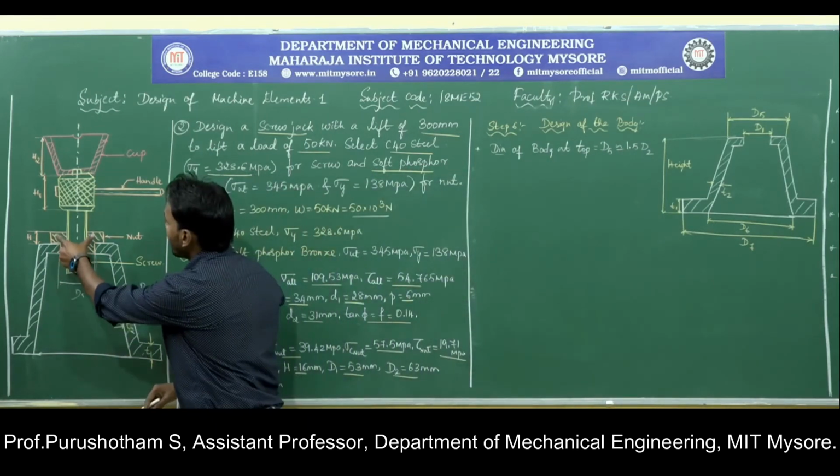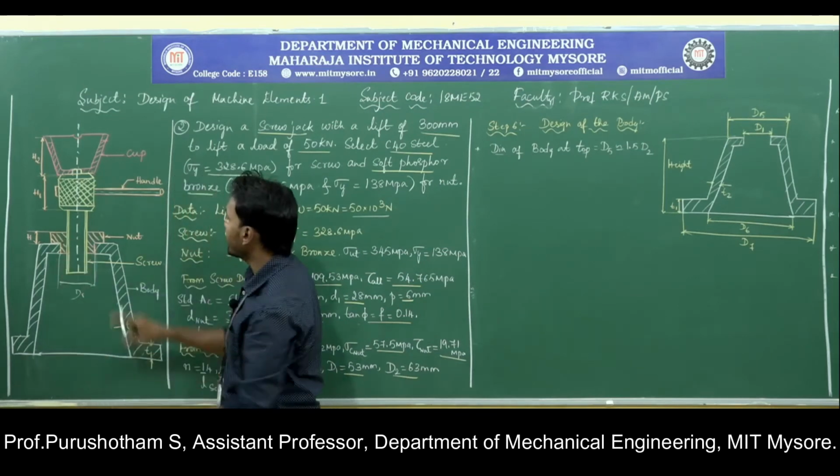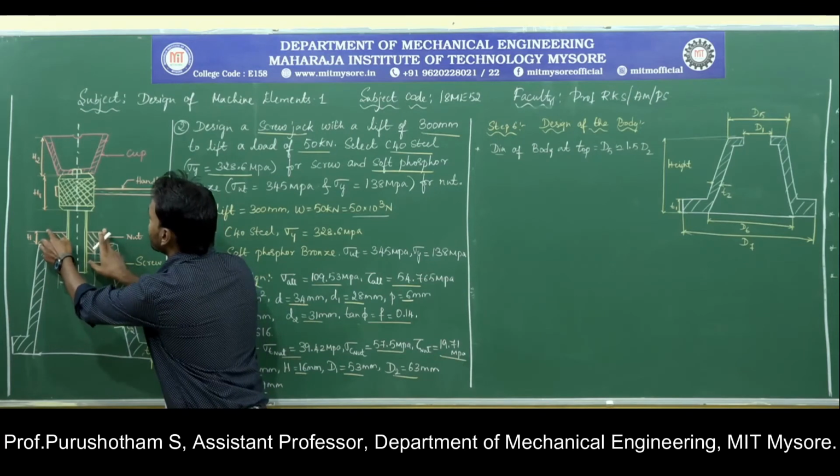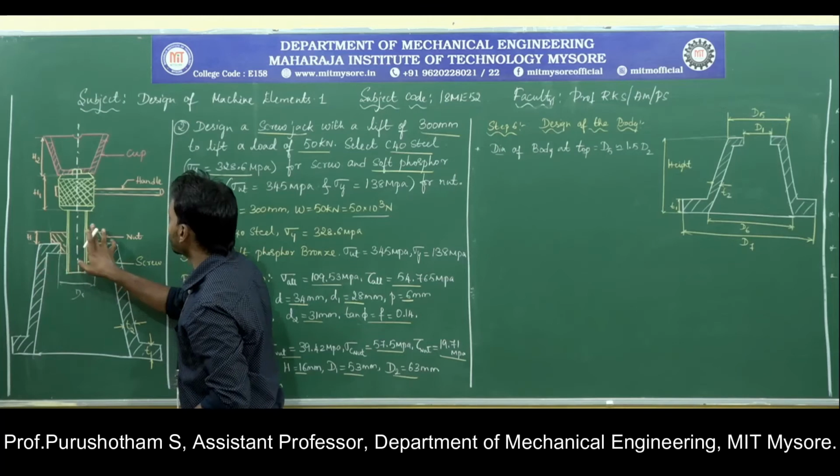On the body, the nut is mounted. So this will be the D1 value, outside diameter of the nut. And this will be D2, that is the diameter of the nut flange.